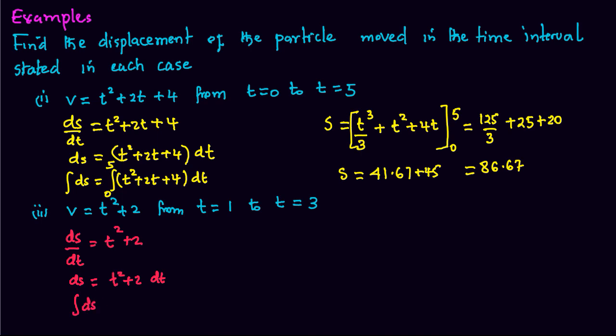The displacement ds will be equal to integration of t squared plus 2 dt between t is equal to 1 and t is equal to 3. S will be equal to t cubed over 3 plus 2t, from 1 to 3.